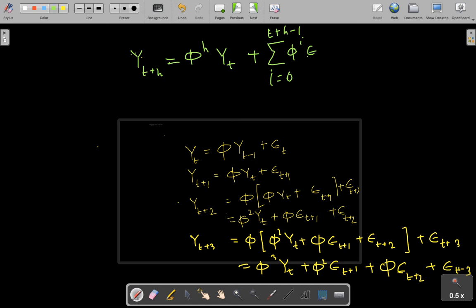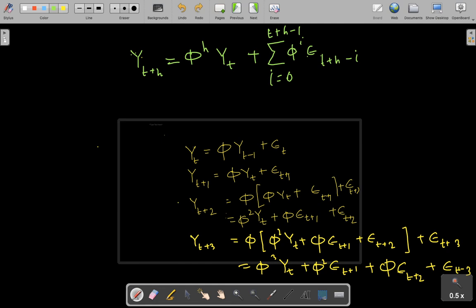So if I write epsilon t plus h minus i, and I'm starting i from 0, then we're all good, right? The last term is t plus h minus i, so that for i equal to h minus 1 you subtract and have only the first error. That's perfectly fine. So that is basically going to be the value of yt plus h. That's the most important part.